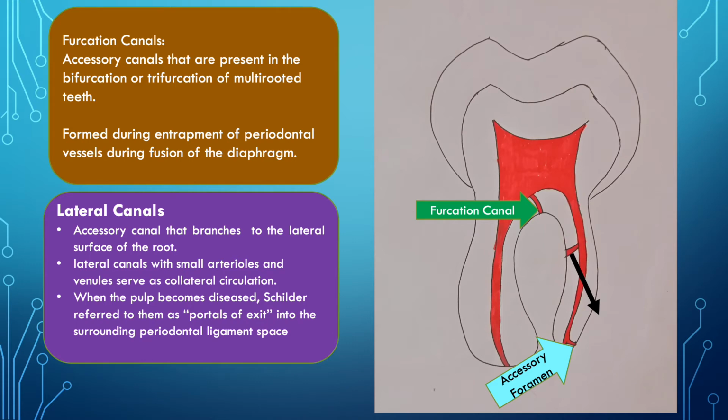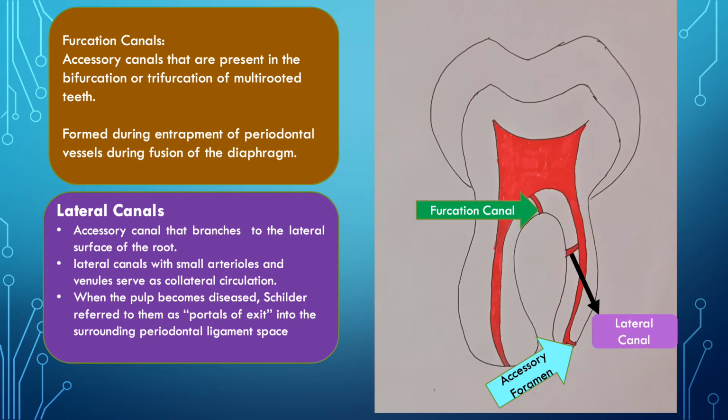The lateral canals, with small arterioles and venules, serve as collateral circulation, but not much. When the pulp becomes diseased, Seltzer referred to them as portals of exit for infections from the pulp into the periodontal ligament space.